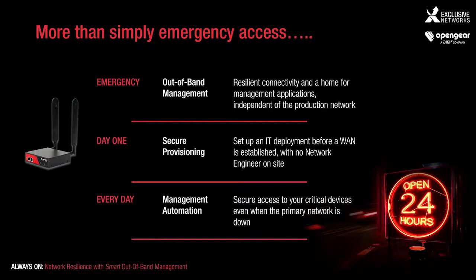But out-of-band can also help with day one and day zero provisioning. So we're not just about emergency access. We can work with the equipment that we're connected to over its entire life cycle. So we can be used for bringing a site up remotely, for instance, without having to have a very qualified engineer on site.